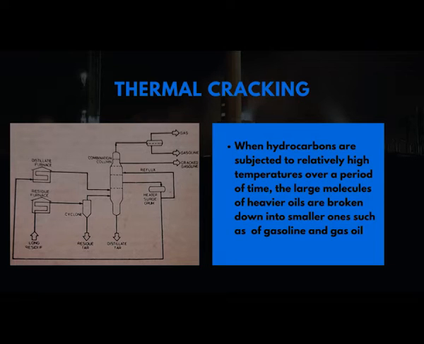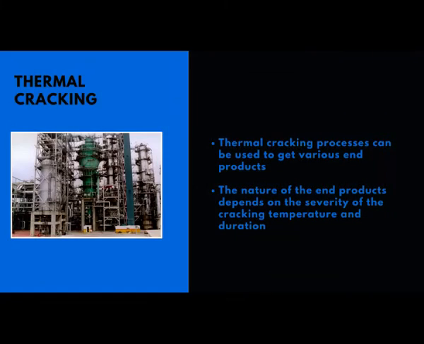This is a simple process where the residue is heated in a coil and finally the products are distilled. Thermal cracking is a process that can be used to get various end products. The nature of the end products depends on the severity of the cracking temperature and the duration.